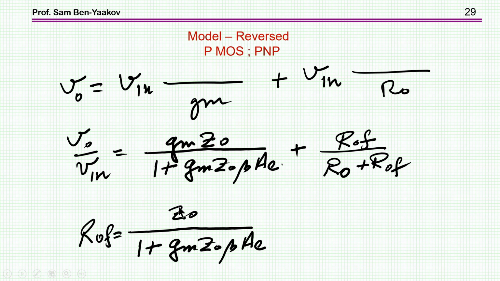So now we can add these two parts. This is the GM part, this is the R out part. So V in times this function plus this function is V out. So V out over V in is this expression plus this expression, where R out F is, as we have said, Z out over 1 plus GM Z out beta AE.